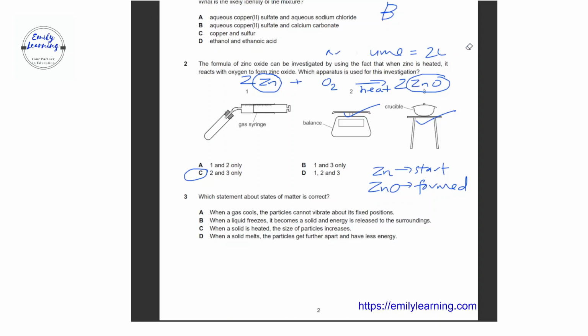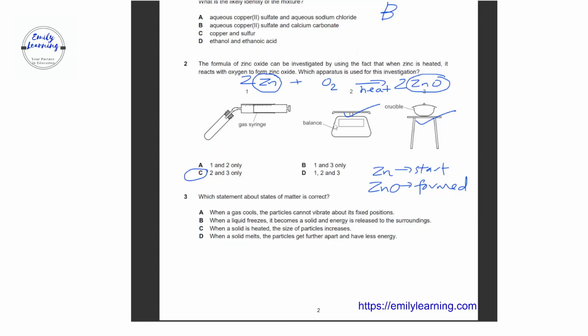Then it is usually also harder to measure the volume of gas compared to the mass. Finally, we usually want to have excess oxygen to make sure that all the zinc has reacted. Using this setup, you might not have excess oxygen.